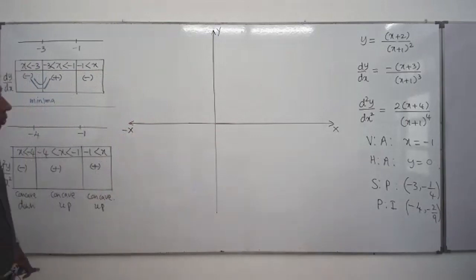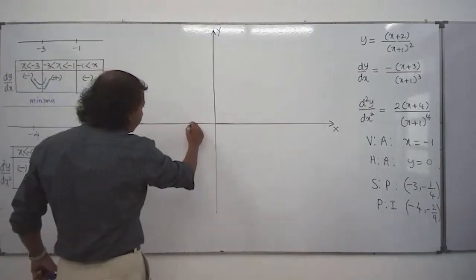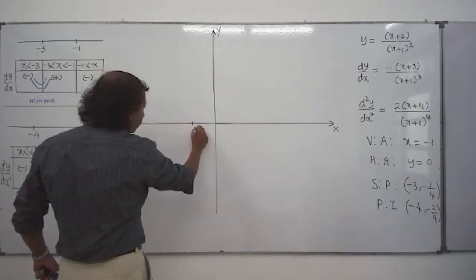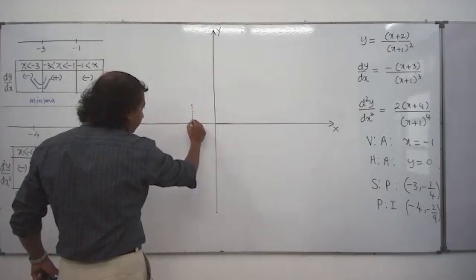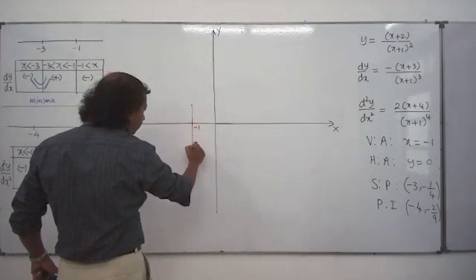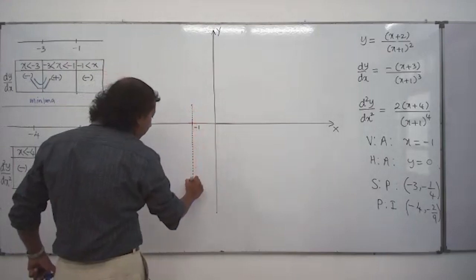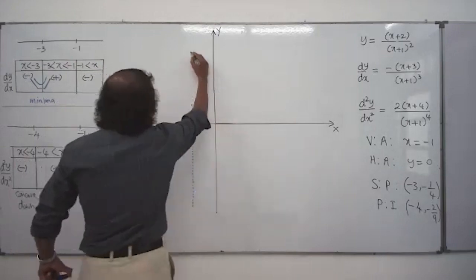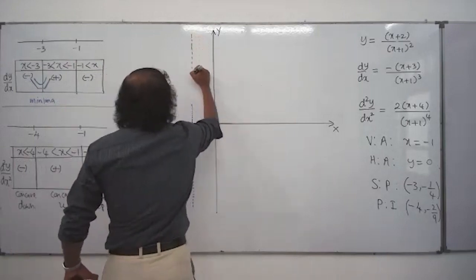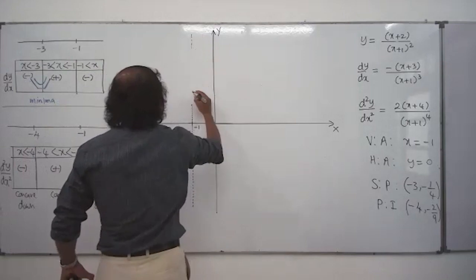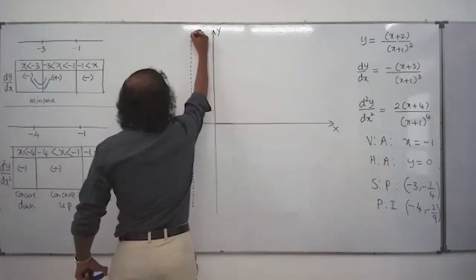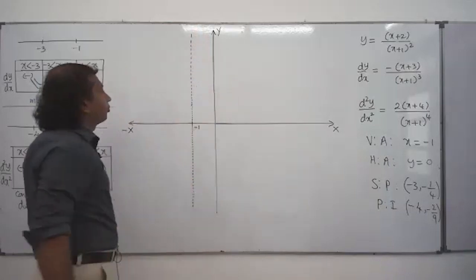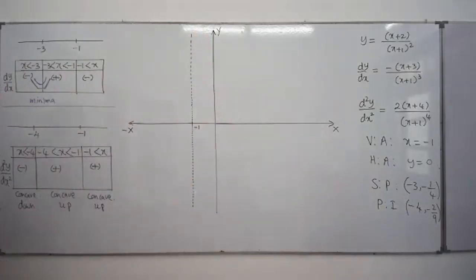Vertical asymptote is x equals minus 1 here. Then we have to draw a vertical dotted line like this. Stationary point is where?